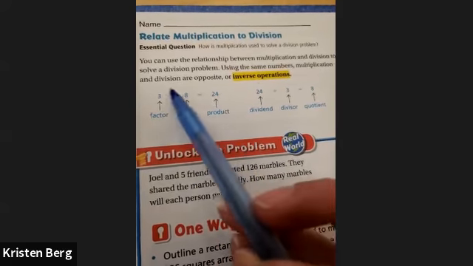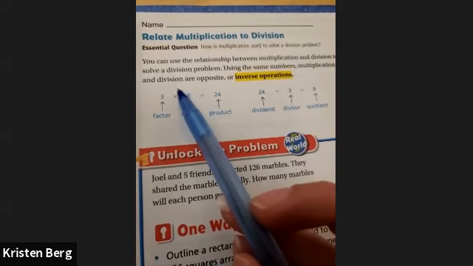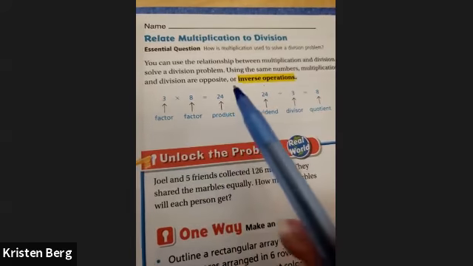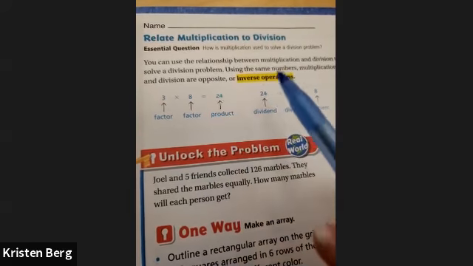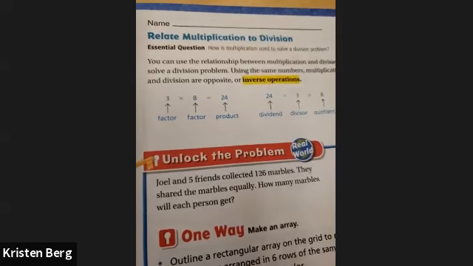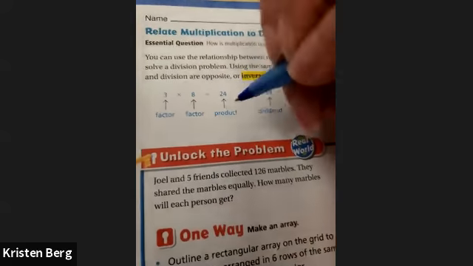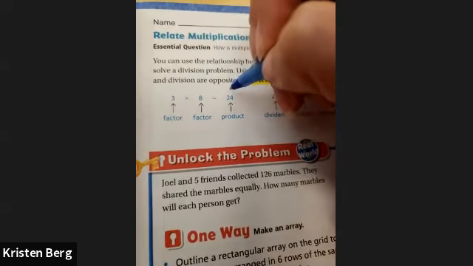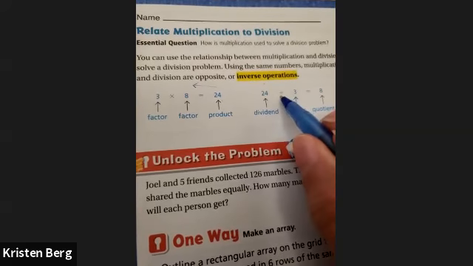Now, it's saying you can check a multiplication problem using the opposite operation, which is division. The only thing is, now you can work backwards from it. So they're saying you could do 24, then you just switch it up.